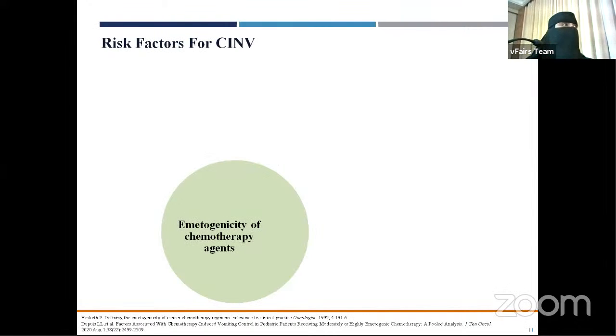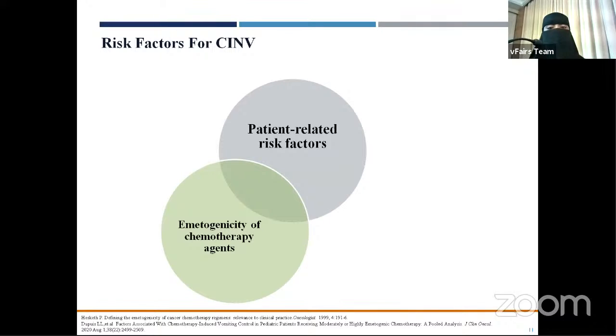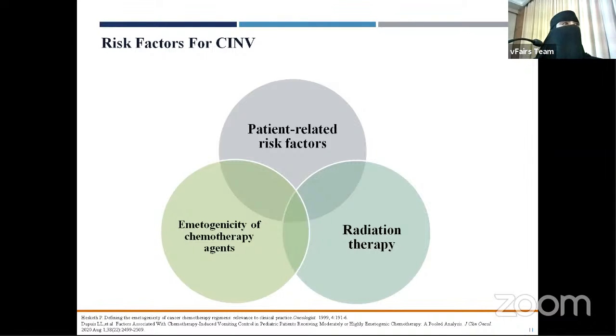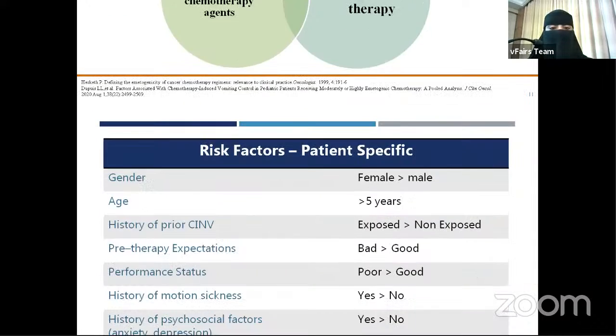Understanding the risk factors is very important, because if we adjust the risk factors, we can improve the patient experience after receiving the chemotherapy. The emetogenicity of the chemotherapy is important, while the patient-related risk factors are very important, and radiation therapy in line with the chemotherapy as well, which I will not be covering in my slides today.